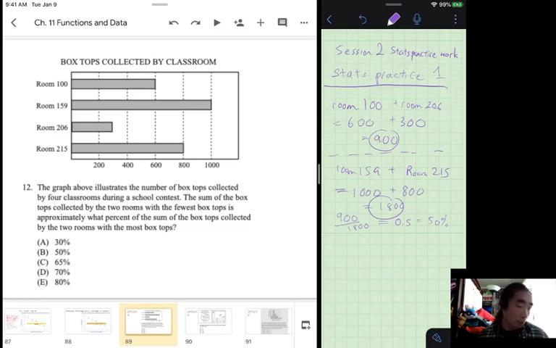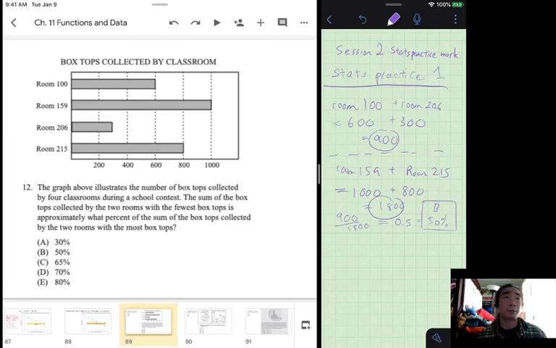Dividing that gives you 50%, so the answer to this first practice problem is B. One thing you may have had trouble with is estimating. Notice the bar for room 206 is between 200 and 400. It's halfway between, so that's where we had to approximate 300 from.